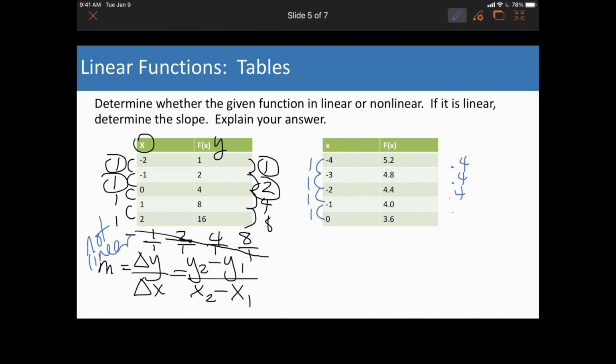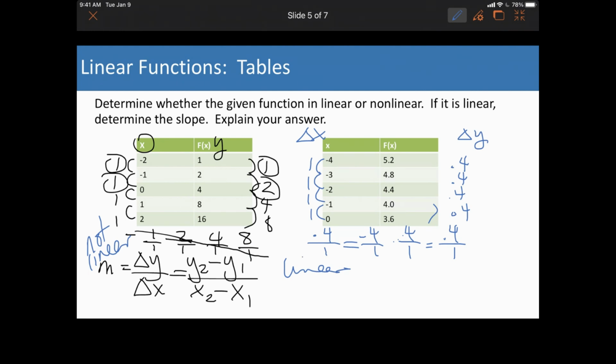If I take my delta y's over my delta x, my differences, I have 0.4 over 1, 0.4 over 1. Well, that's pretty obvious, right? You're like, Ms. Mendoza, you don't have to write it down. I understand. So they're the same. So is it linear? Yes.